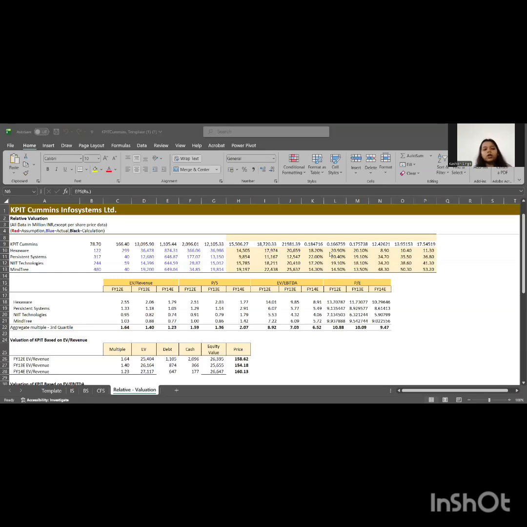Using EBITDA and EPS, we derived important multiples such as EV/EBITDA and P/E. By comparing these multiples to the industry average, we could find KPIT's fair value and assess whether it's undervalued or overvalued.